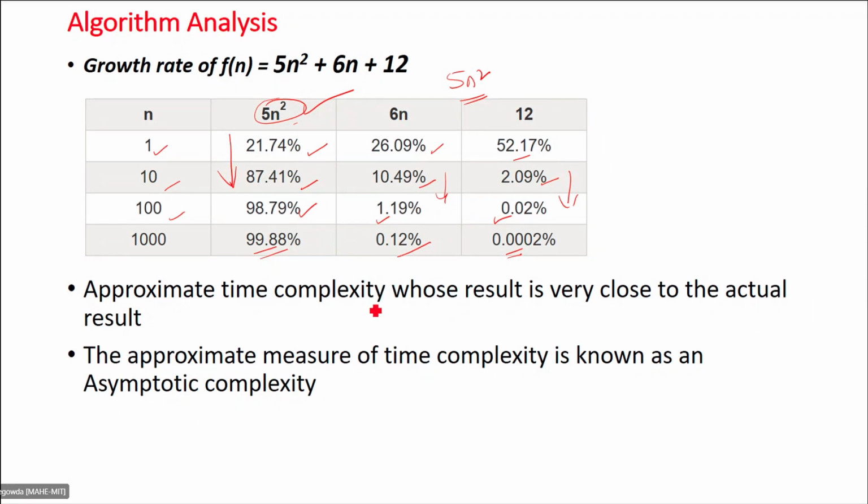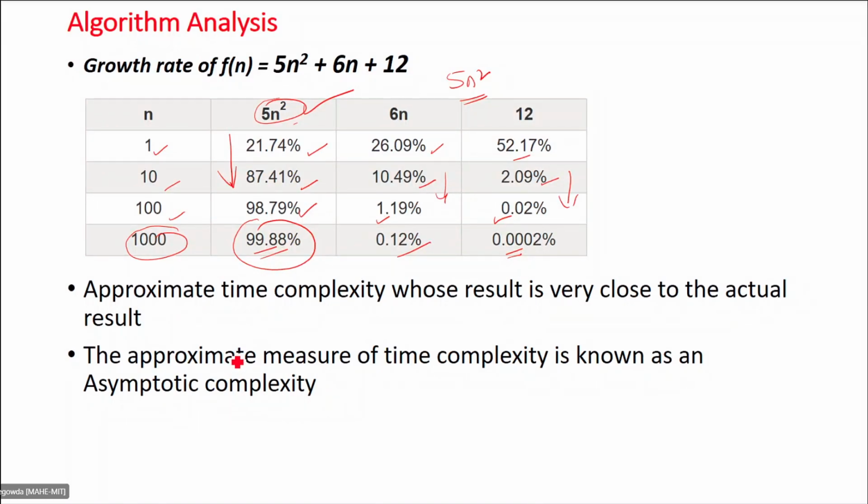It is observed that for larger values of n, say n equal to 100, the square term consumes almost 99% of the time, as the term n square contributes most of the time.